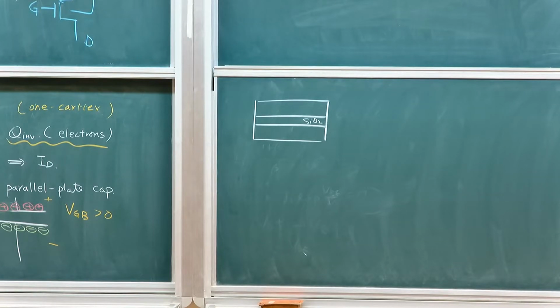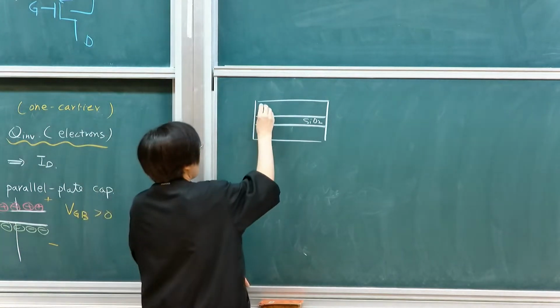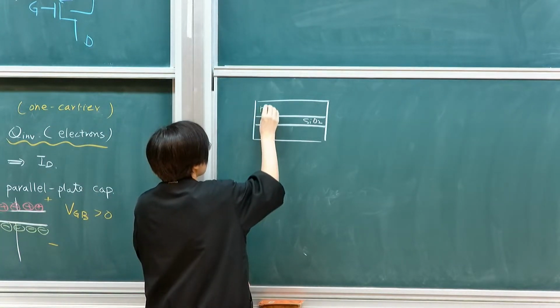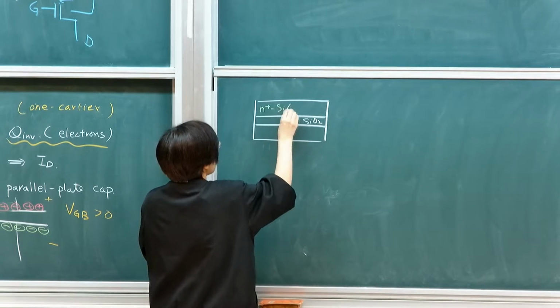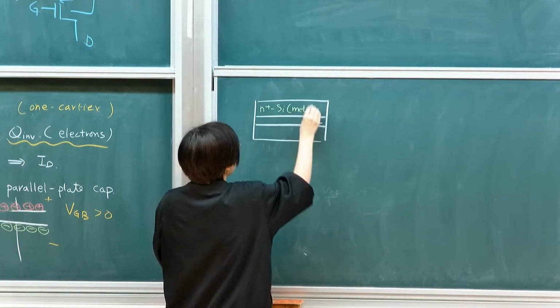Instead of using a metal, a better way to understand this is to assume that I have N+ silicon substituting the metal gate.